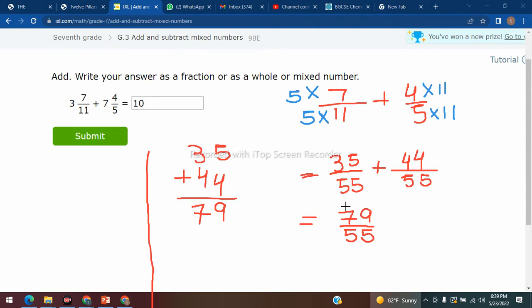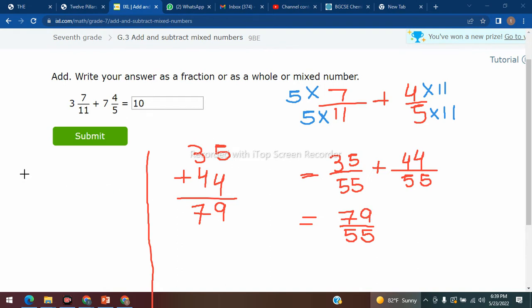Because the other ones were proper, like 2 over 5, 3 over 7. When we subtracted the one with 8 over 7, it still became a regular fraction. So your fractional part has to be a regular fraction.